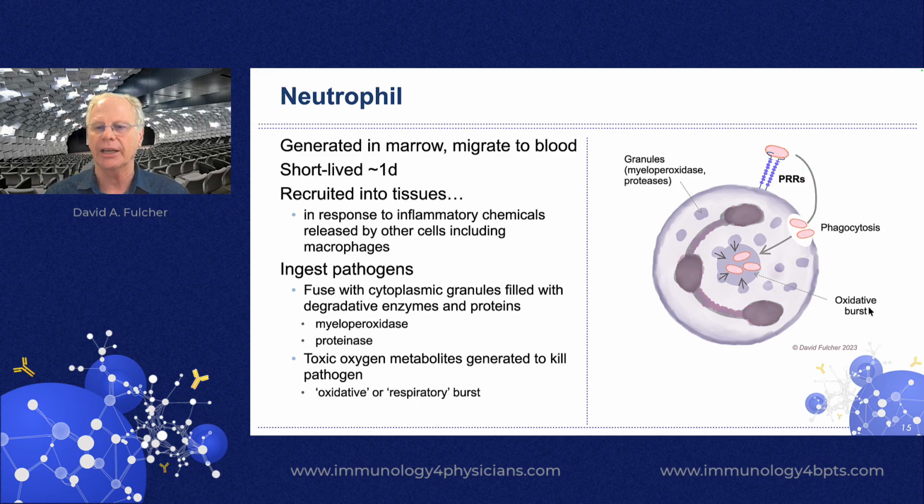At the same time, these cells, like the macrophage, take on oxygen. They generate this oxidative burst, which acts to generate superoxide and other oxygen radicals within the phagolysosome, which then acts to kill the pathogen. And that's an important part of neutrophil biology, which we'll come to when we talk about immunodeficiency diseases.